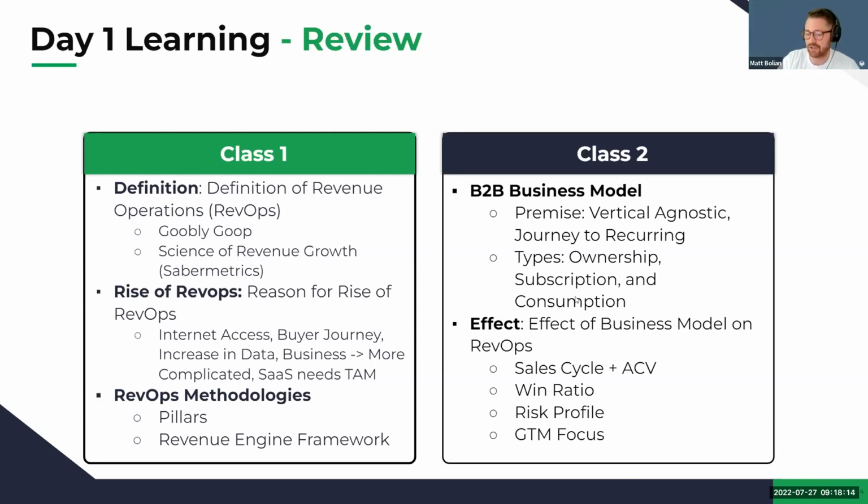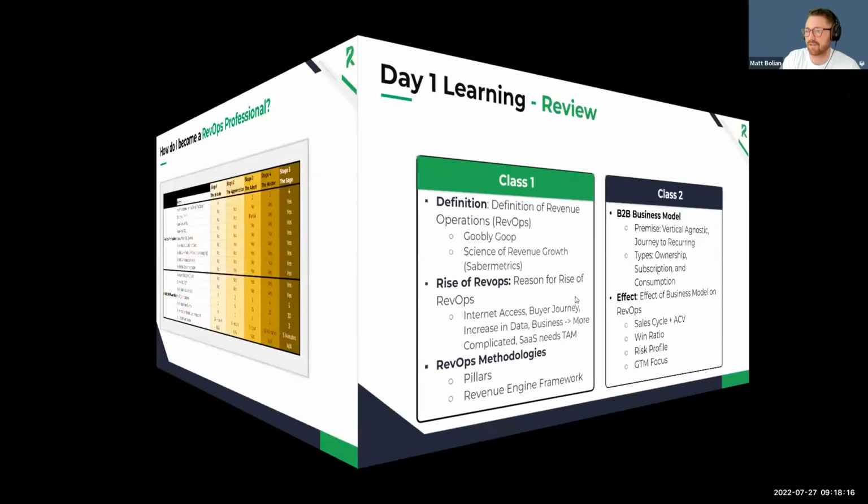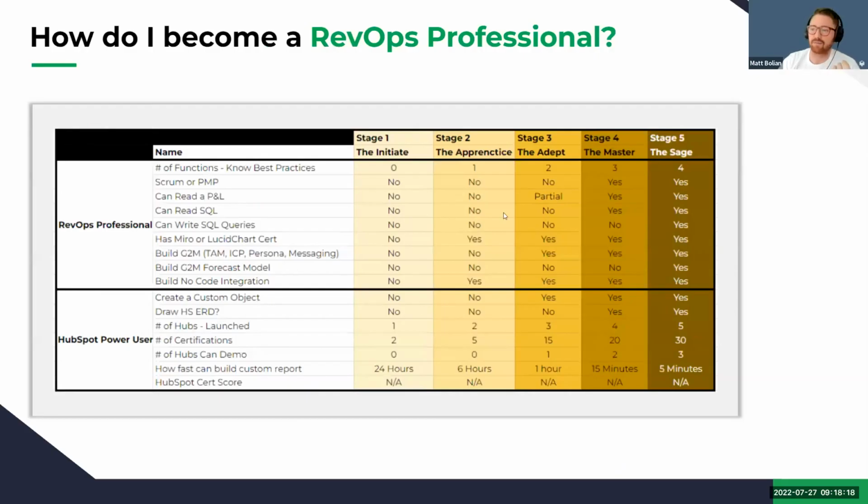How can one transition themselves from sales ops to RevOps? I'm going to answer that question by going back to this. One of the things that talks about the number of functions: revenue operations is a field of study. Within that field of study, it's almost like biology. Inside biology, there are specializations, like you need to know organic chemistry, for example.